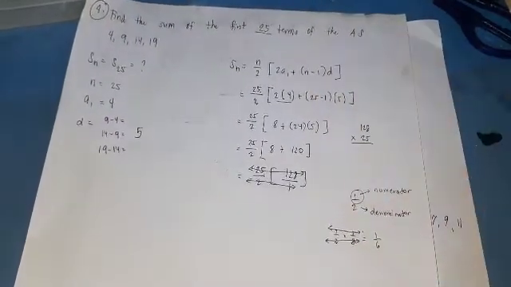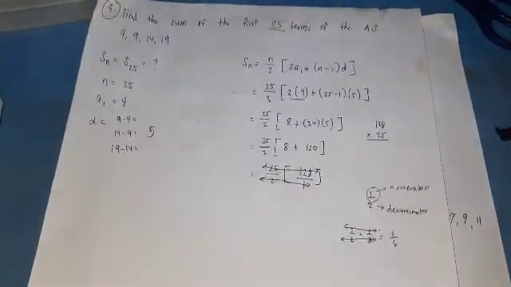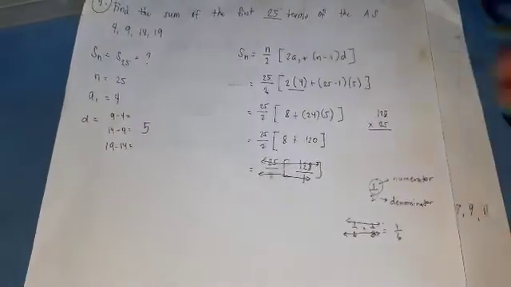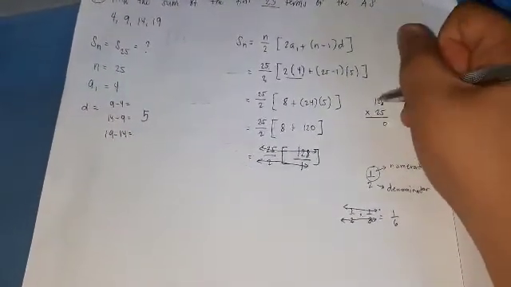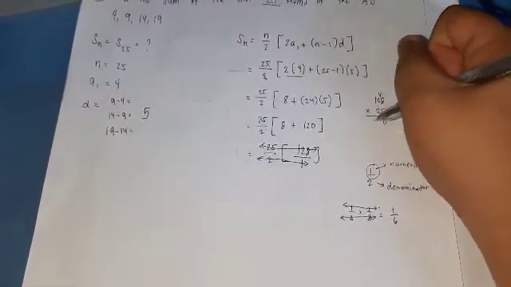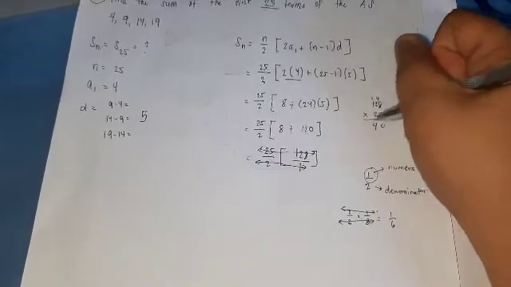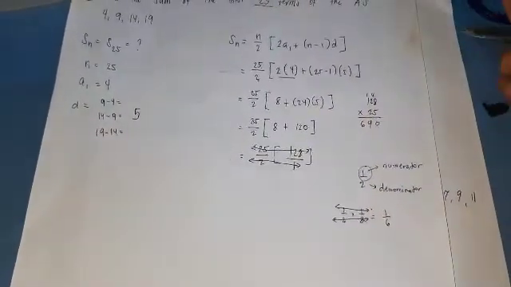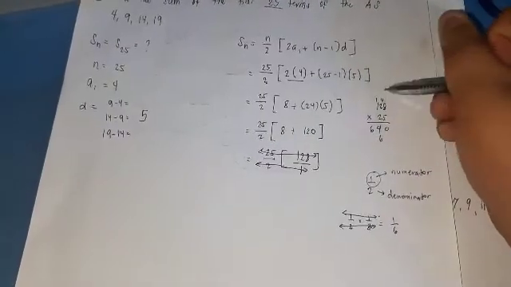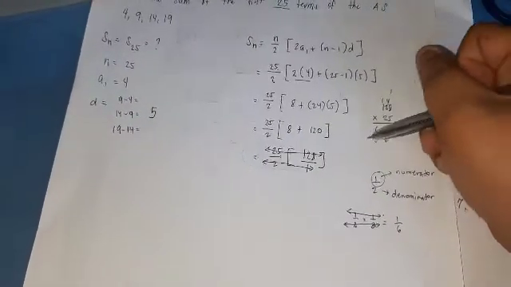I just don't know if you can solve using this process. 5 times 8 will give you 40. 5 times 2, 10, 14. And 5, 6. You're going to have your 16, 5, and your 2.